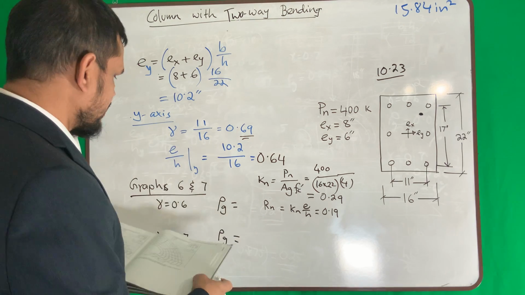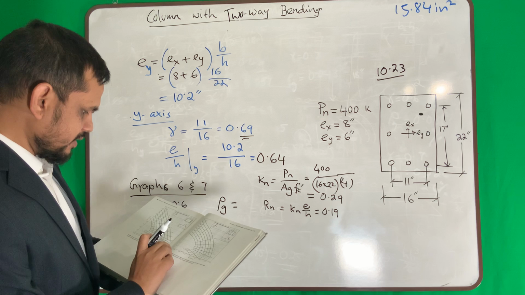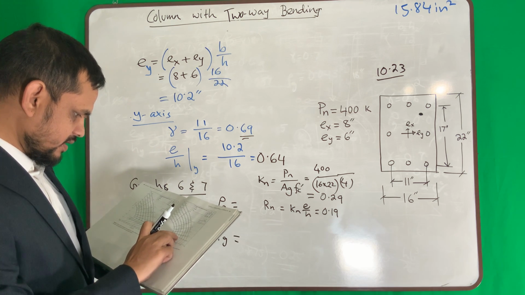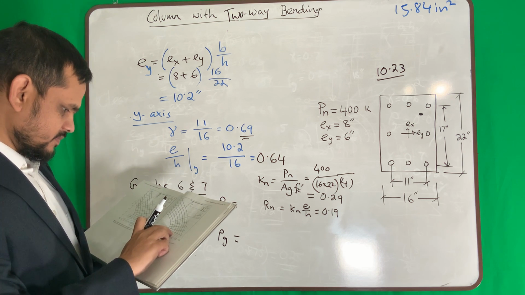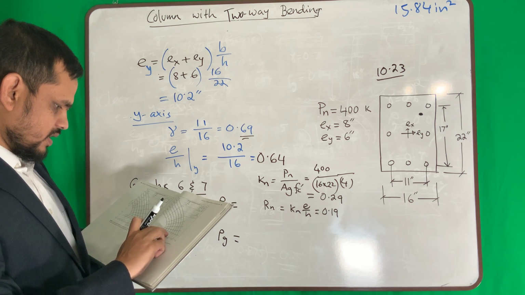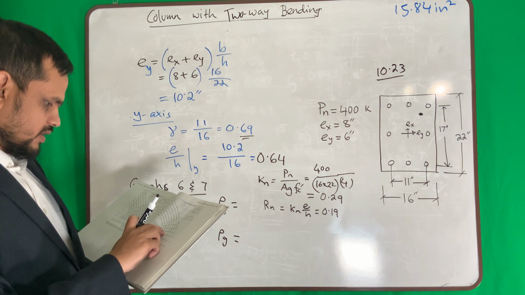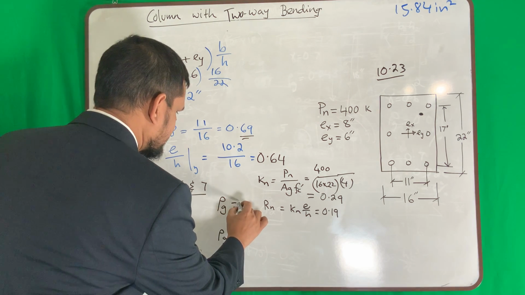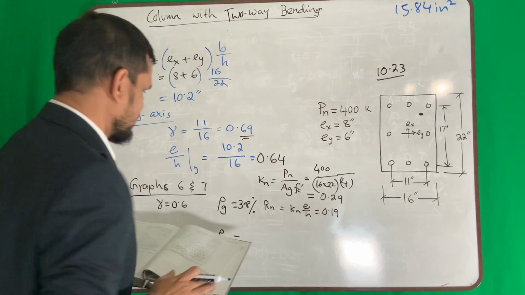So 0.29, 0.19. From graph 6, that means 0.29 here, 0.19 roughly here. I am getting roughly 3.8%.